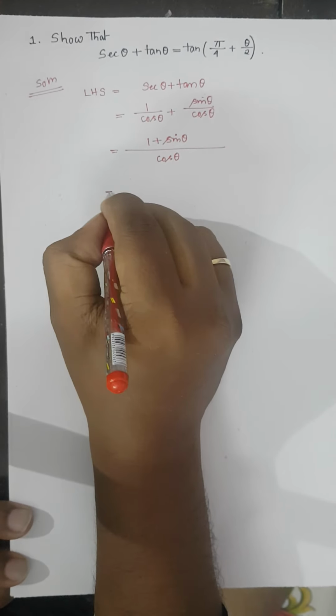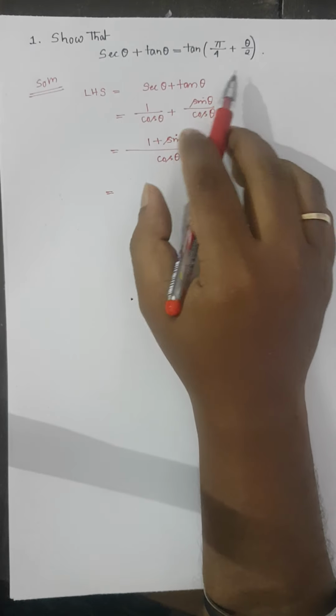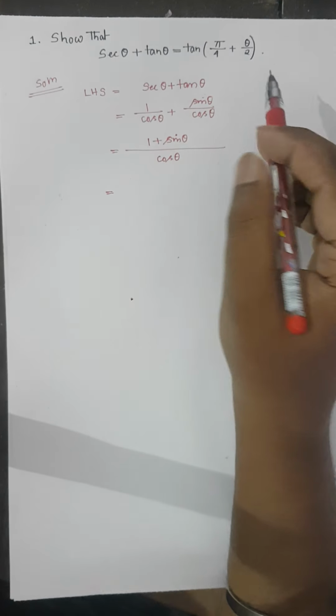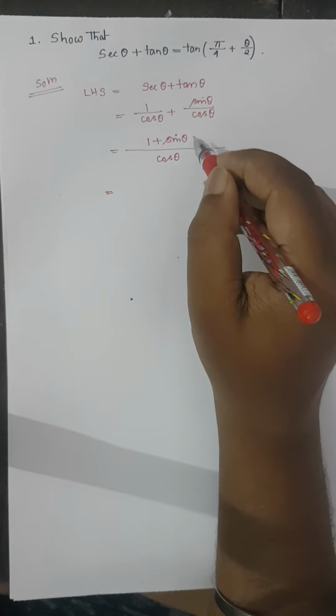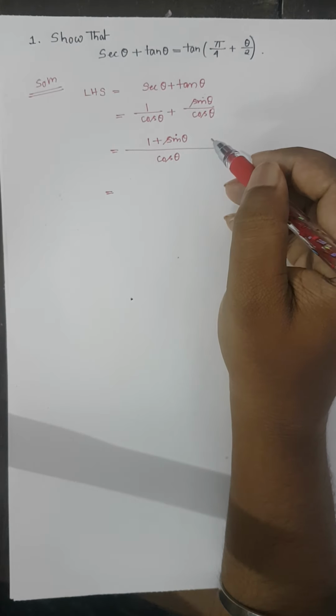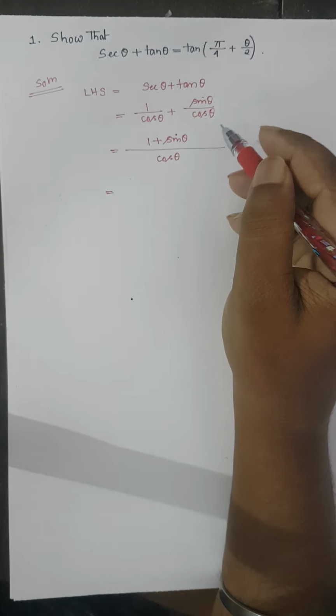See, we need to find the relation in terms of theta by 2. So we have to convert these angles theta into its submultiple angle.